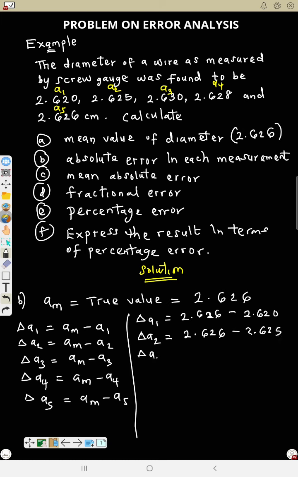Delta A3, the error in the third measurement, is 2.626 minus 2.630.